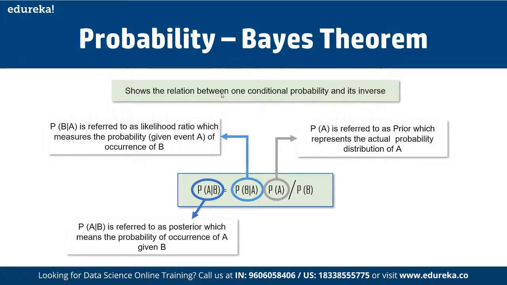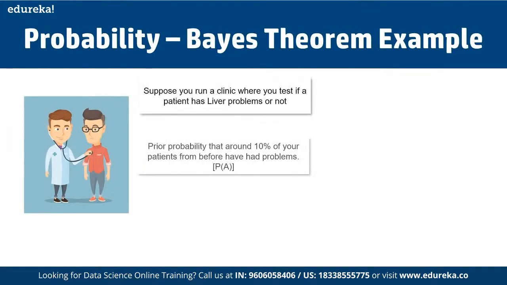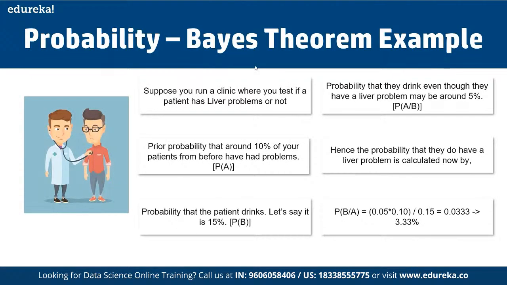And if you talk about its use cases, a simple example for this theorem is, let's say, suppose we run a clinic where we test if a patient has liver problems or not. The probability that they drink given that they have a liver problem may be around 5%. The prior probability is that around 10% of patients have had liver problems before. And the probability that patients drink, let's say, is 15%.